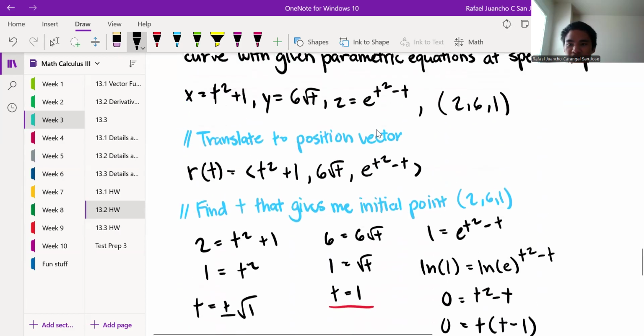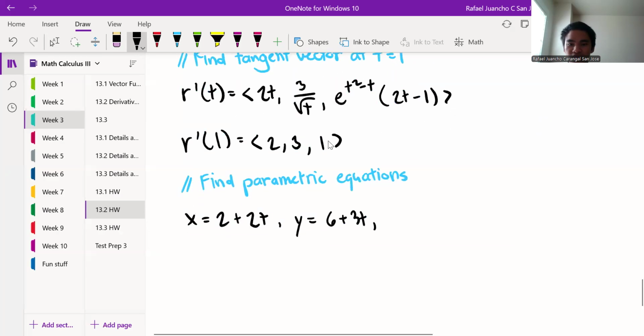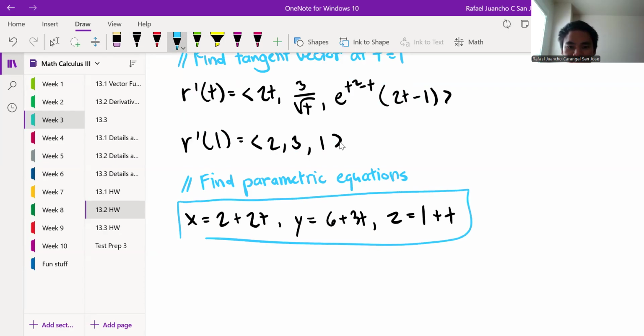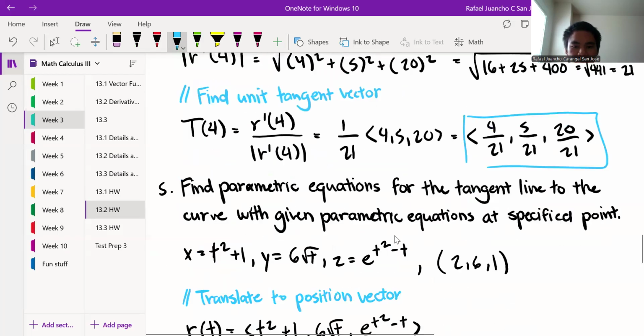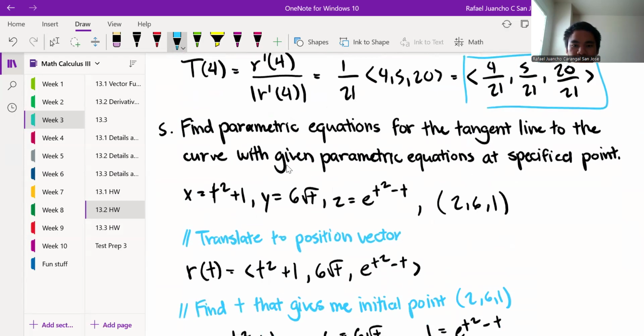And my z, I have 1 plus 1t, so 1 plus t. And that's done. That's the parametric equations for the tangent line to the curve, based on this position vector and this specific initial point.